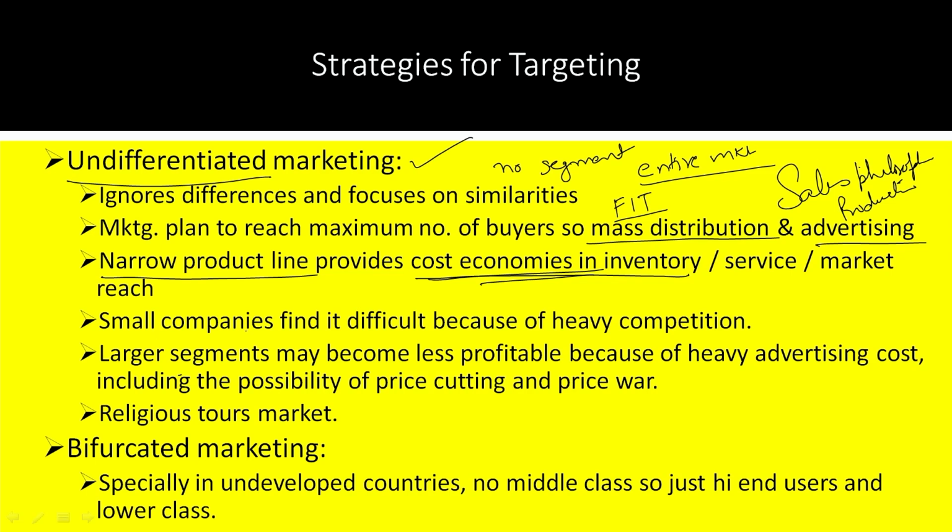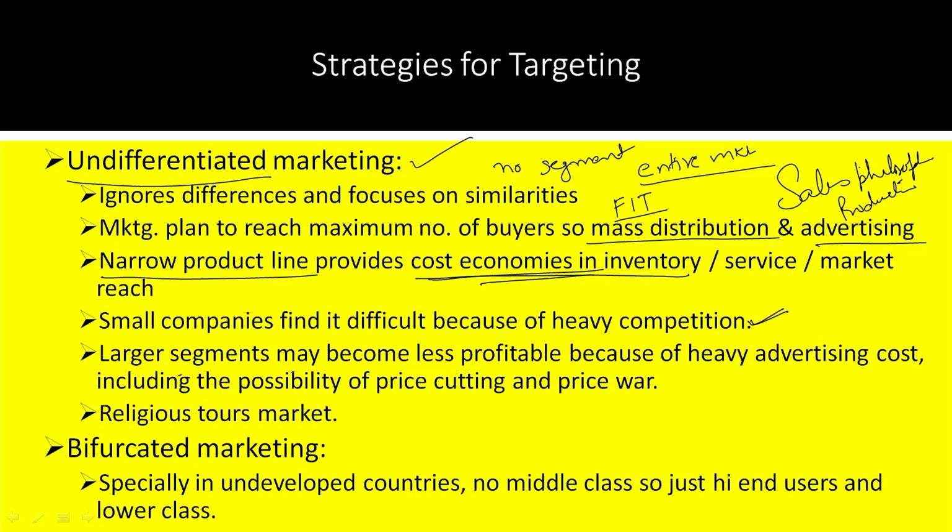So, small companies cannot afford to do undifferentiated marketing, but they can acquire products and make money, while big companies can obviously do it. Because heavy competition is there, it becomes not so feasible or not so profitable for small companies.